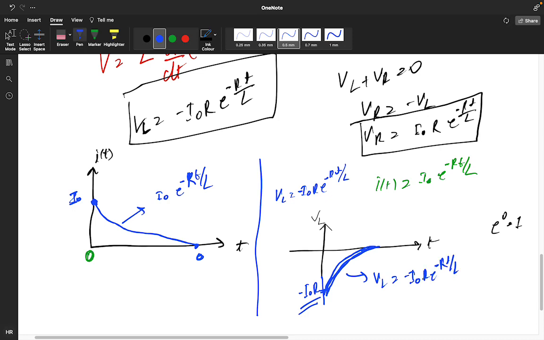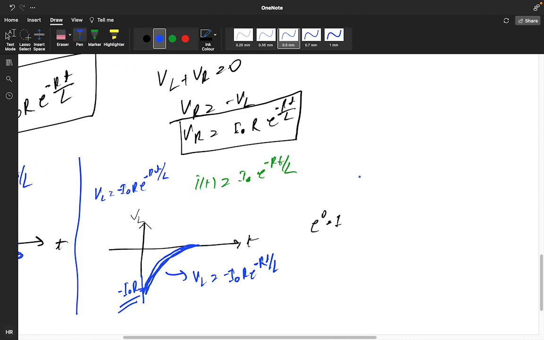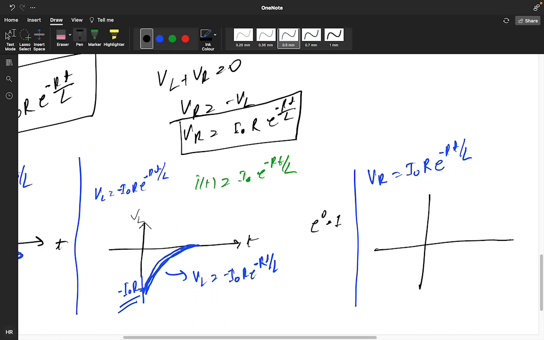So this was the concept for V of L. What about V of R? For V of R we got I naught into R e power minus Rt by L. So this is my t axis, this is V of R. What is the value at t equals 0?